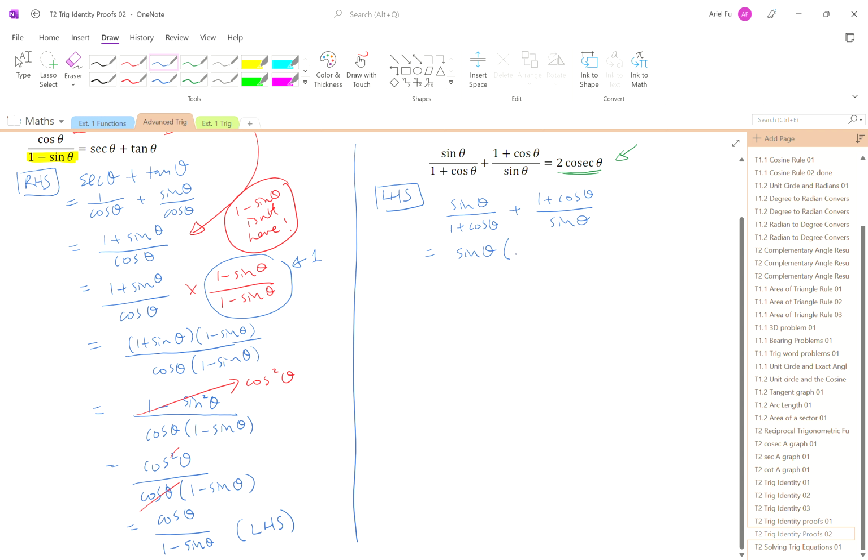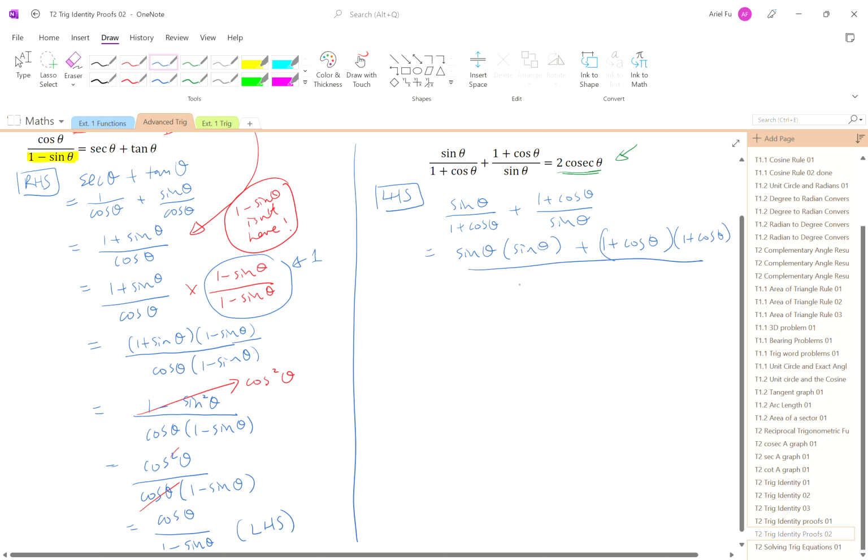So this becomes sine theta times sine theta plus 1 plus cosine theta times 1 plus cosine theta, all over sine theta times 1 plus cosine theta. Now this means I've got sine squared theta plus 1 plus 2 cosine theta plus cosine squared theta, all over sine theta times 1 plus cosine theta.